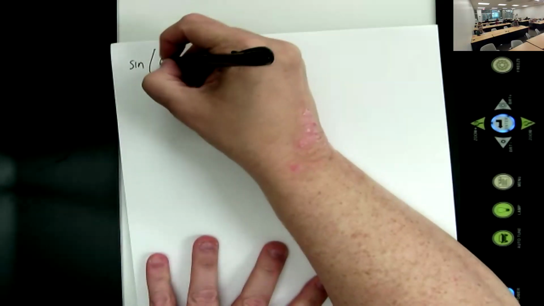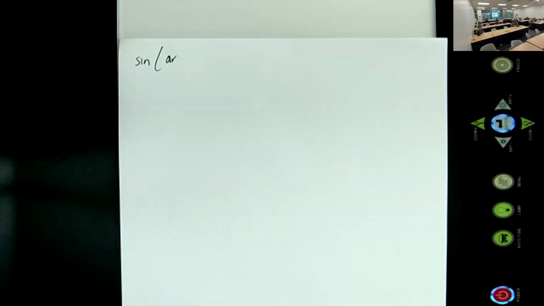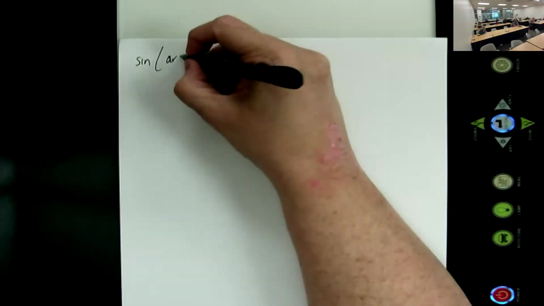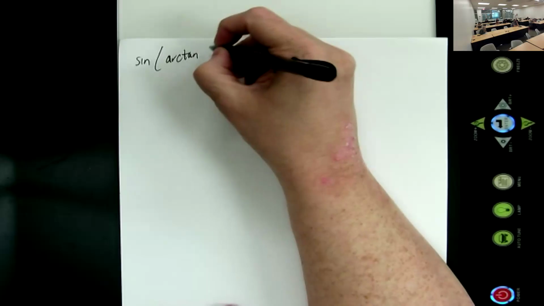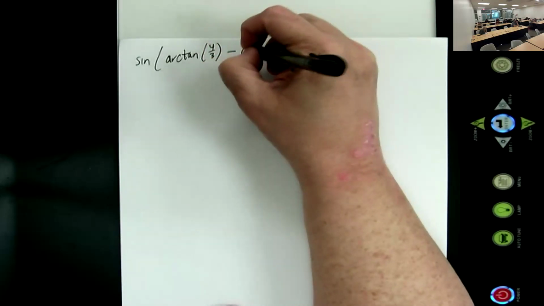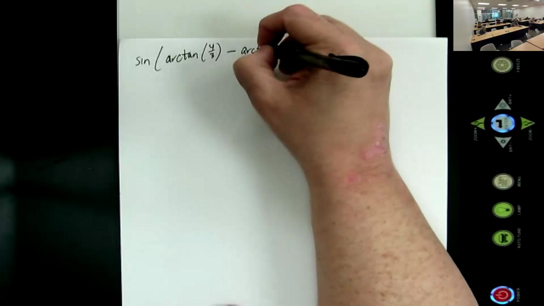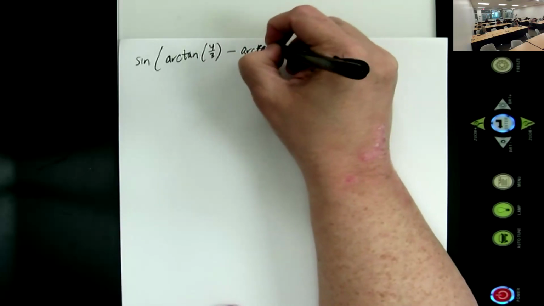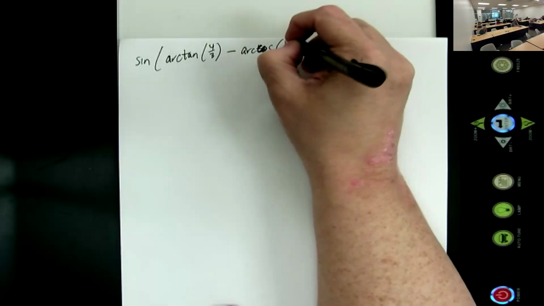Sine. I heard the button hit, okay, sine of arctan of 4/3 minus... Nope, let's do arc cosine. Arc cosine of 12/13.